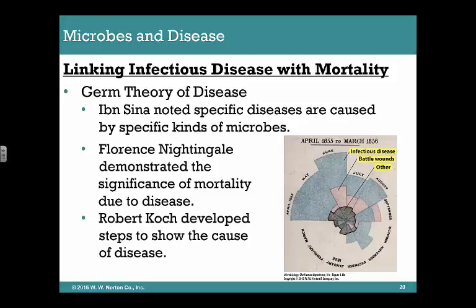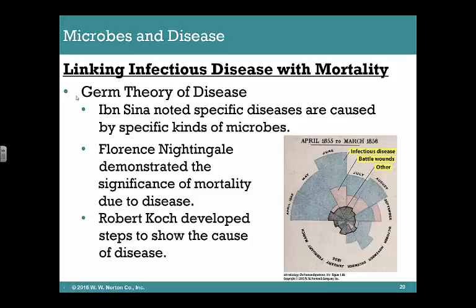And so it wasn't really until the first observations of these tiny invisible organisms that scientists and physicians started to get some idea that there was a link between these tiny invisible forms of life and the health status of humans.